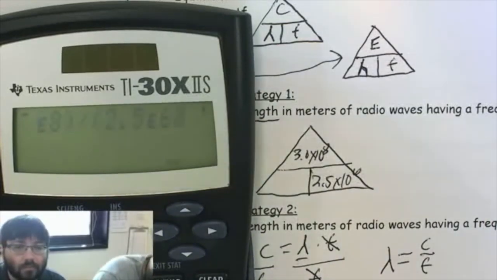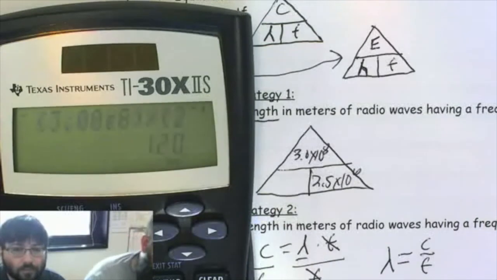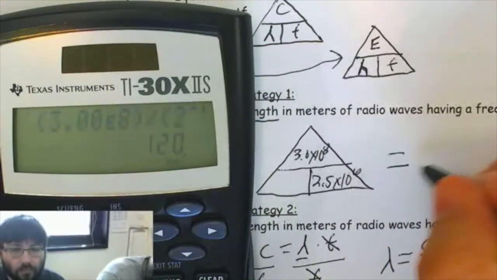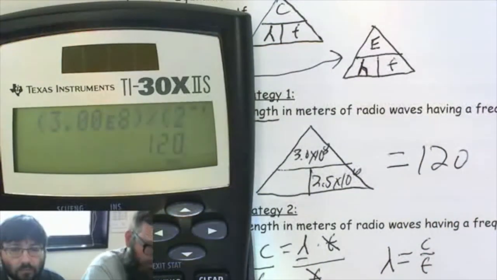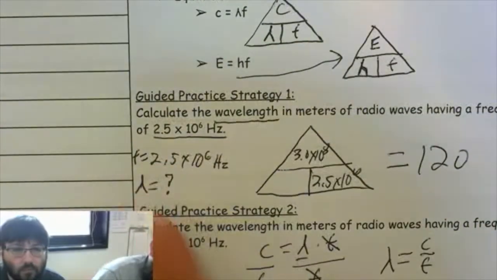Close my parentheses, and I hit equal, and I get 120, which is lambda, so it's our wavelength.